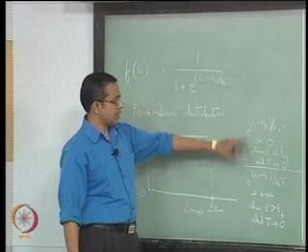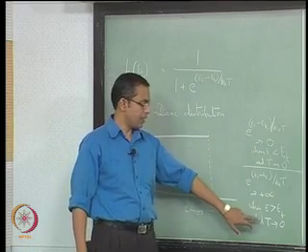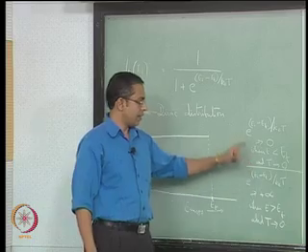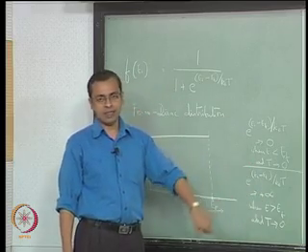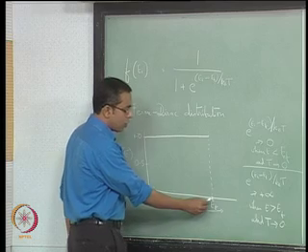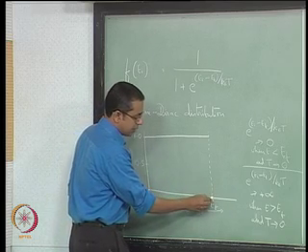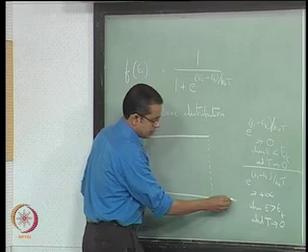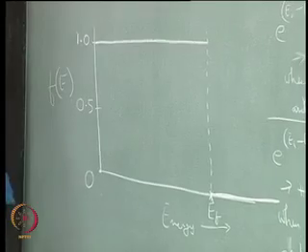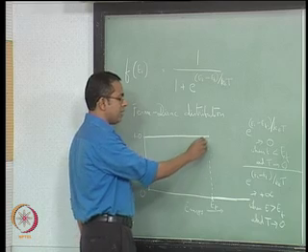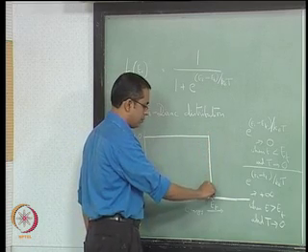The exponential tends to 0 when E is less than EF, and it tends to plus infinity when E is greater than EF. When it is 0 the function evaluates to 1, and when it becomes infinity the function evaluates to 0. So for all energy values greater than EF, the function simply coincides with the x axis, and at E equal to EF we have a discontinuous change going from here to here.